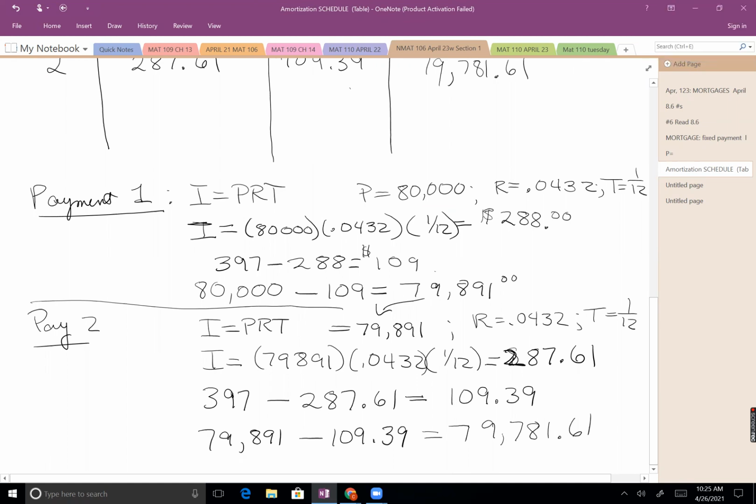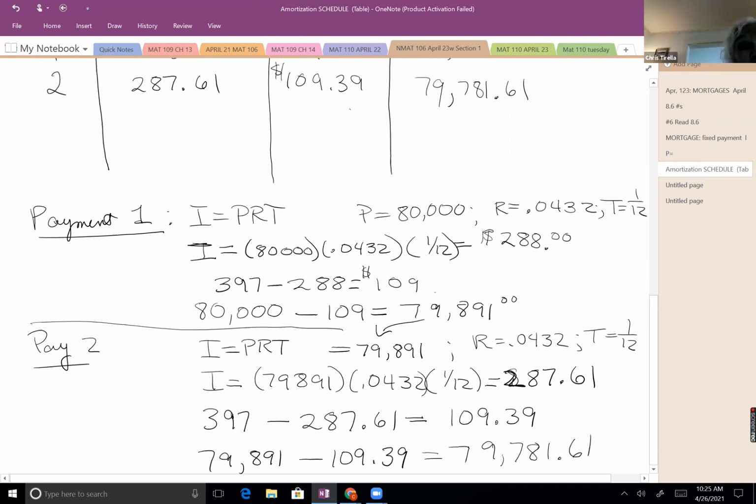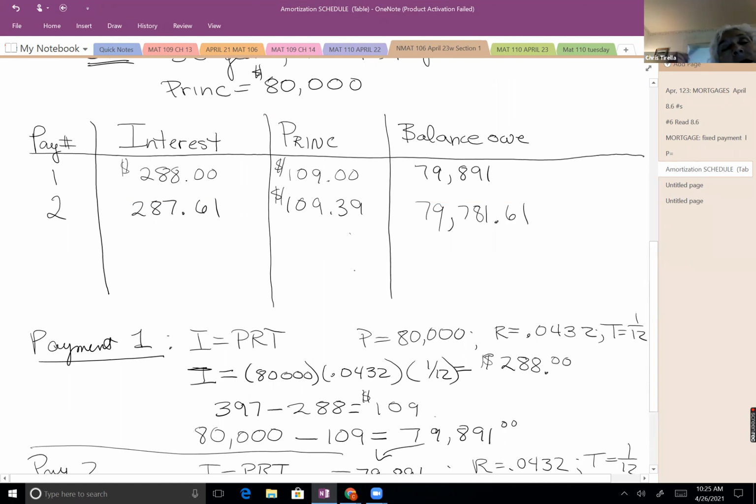Yes. On the test, in the homework, I'm not going to ask you to make an amortization schedule, but I think this kind of clarifies that idea that so much of each payment is for interest, so much is for principal. Extra money could go to the principal, and it would make your loan end quicker and your total interest costs be less.